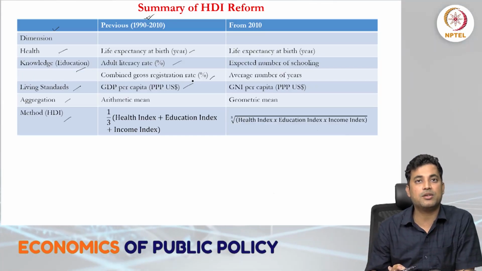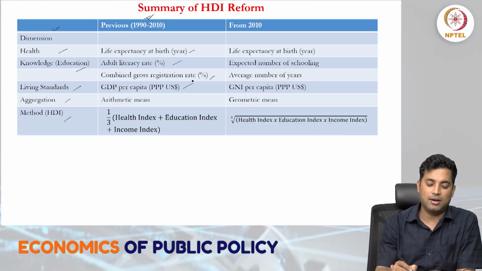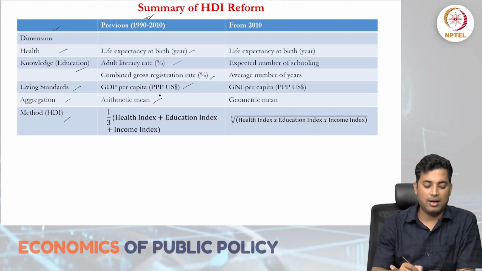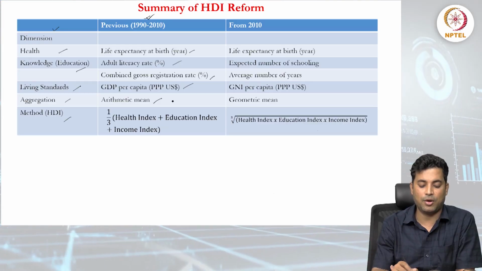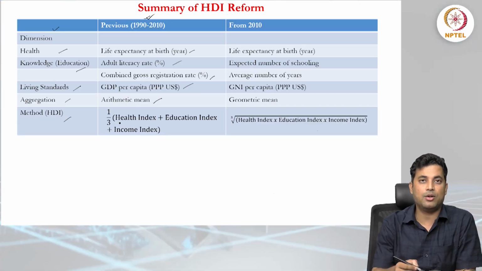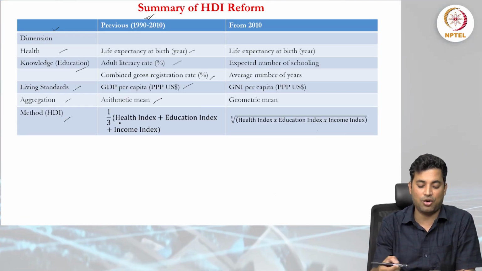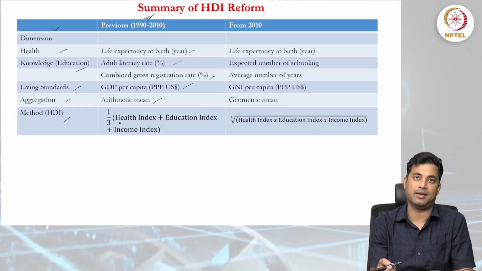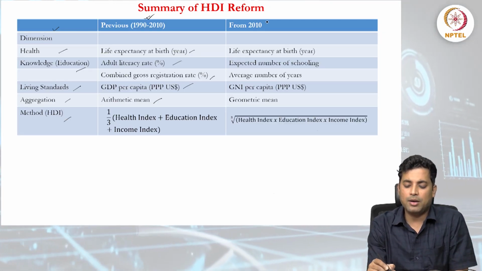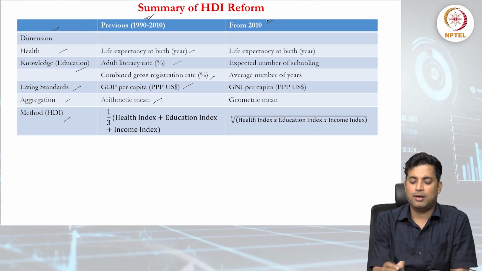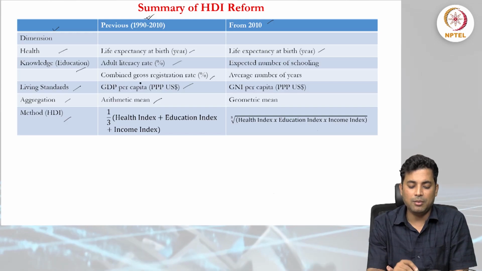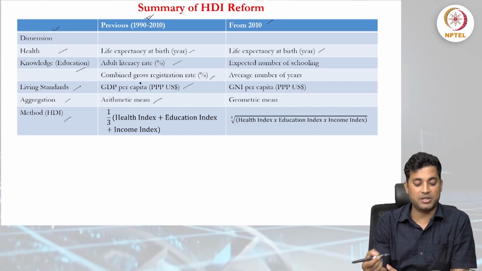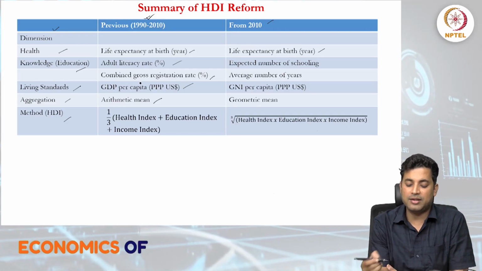The aggregation method we considered was the arithmetic mean, giving equal weightage: 1 by 3 the average of the health index, education index, and income index. From 2010, life expectancy at birth remains the same, but in education, especially knowledge, there are slight changes.